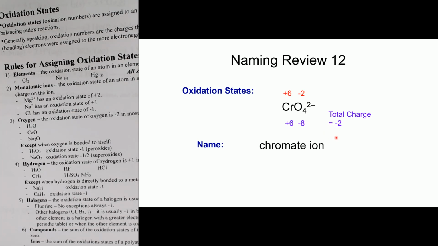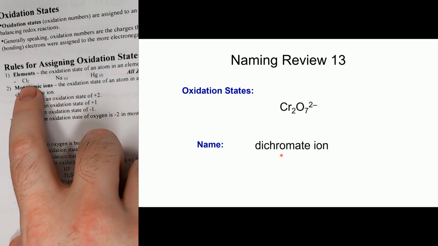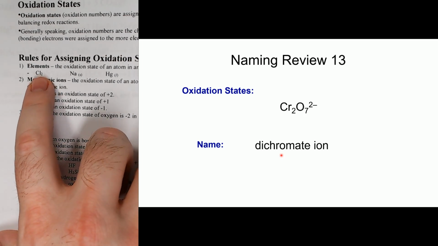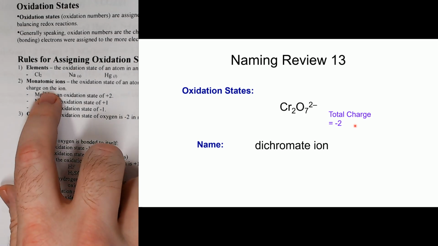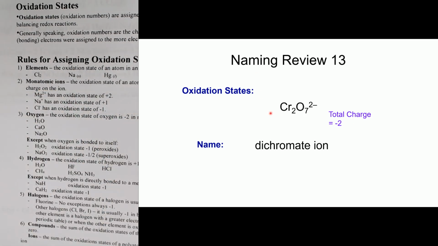So our last one here is Cr2O7 2-. This is the dichromate ion. We'll see here that this is not an element by itself, so we need to take whatever that charge is and put that over here as our total charge. So -2 is our total charge. There are no monatomic ions present.